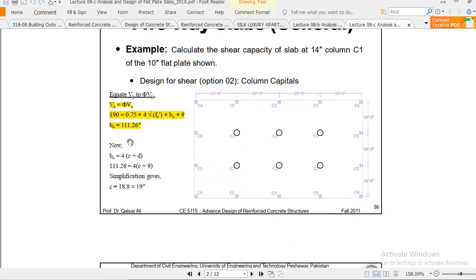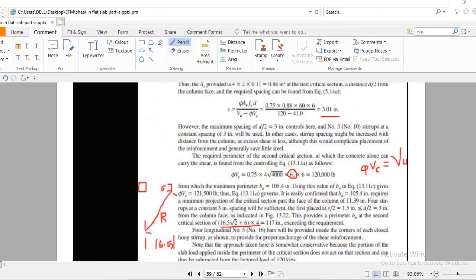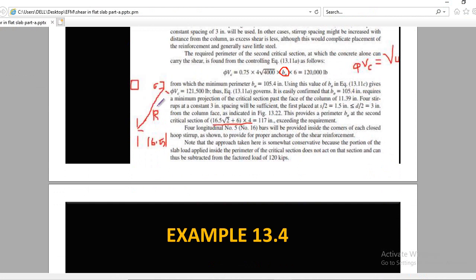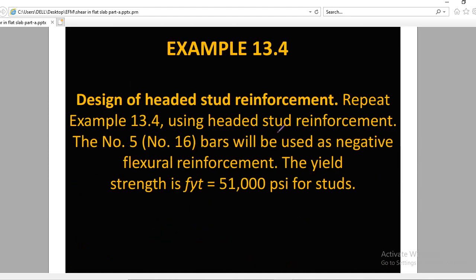Here you see, you have to compare Vu and phi Vc, and you can find your b naught. Next you have to find your R and then the whole outer area. Then you have to find your shear stress as we did in that example. So this is the whole procedure. I just give you an idea.